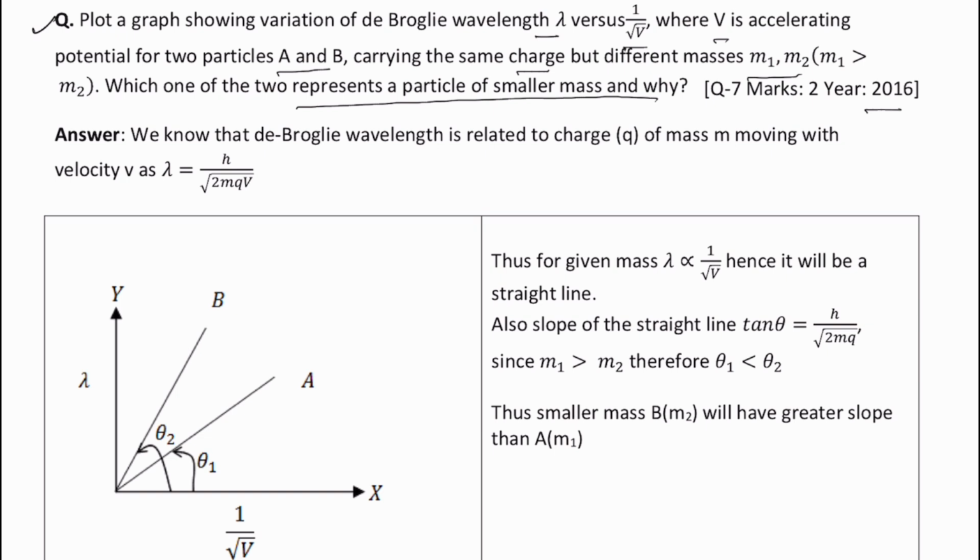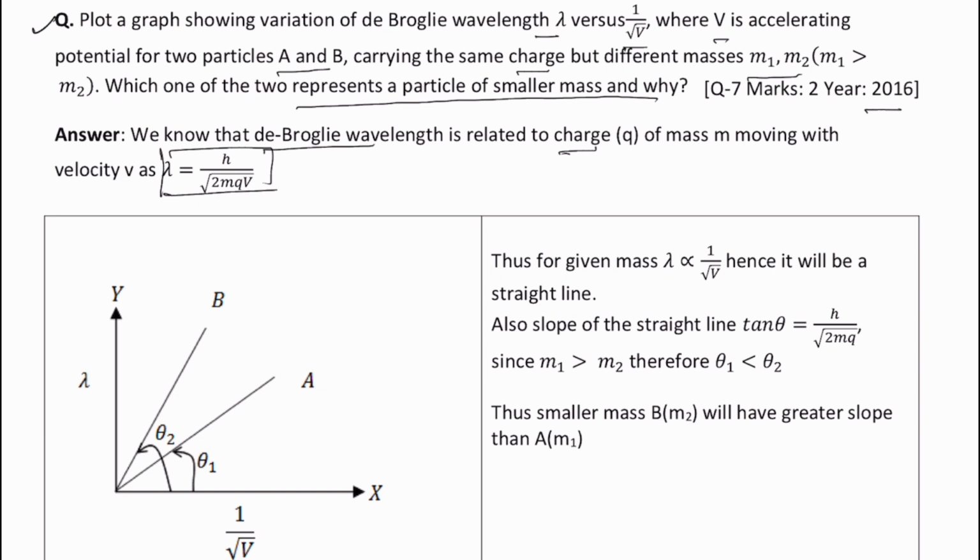So what is the relation actually? We know that the de Broglie wavelength is related to charge, and the relation is lambda is equal to h by root over 2mqV, where m is mass, q is charge, and V is the accelerating potential, correct?